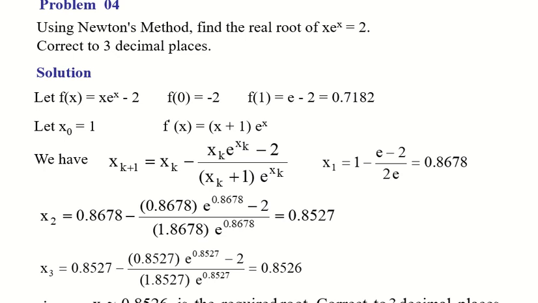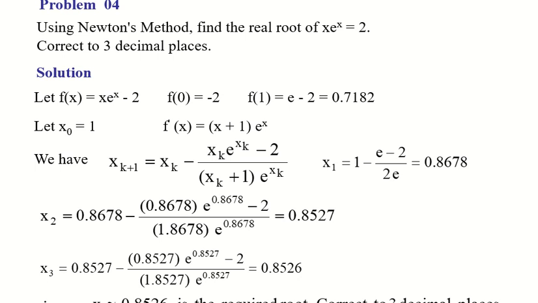So f dash of x is x plus 1 into e power x. Fine. Now you use the formula. What is your Newton-Raphson formula? x k plus 1 is equal to x k minus f of x k by f dash of x k.